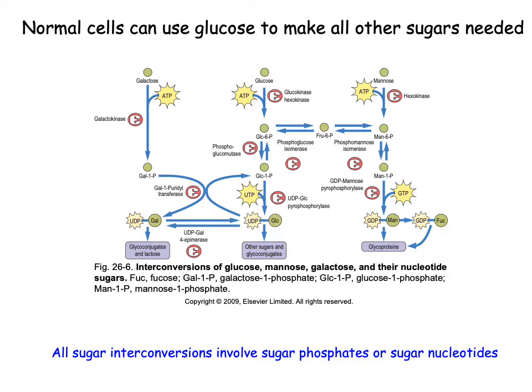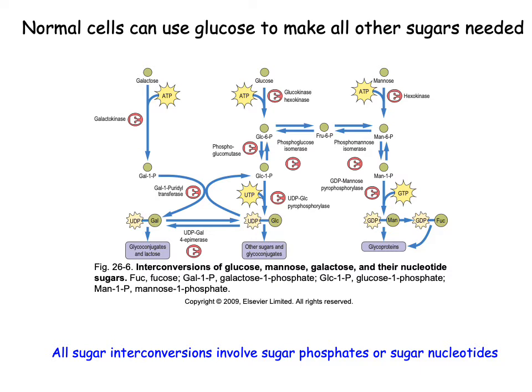But they can convert back and forth between glucose, mannose, galactose, or any other sugar. And this is a diagram showing some of those reactions. So again, we don't need to sit down and memorize those or belabor it, but the important point is if you've got sugar, you can pretty much make any of the sugars that you need.